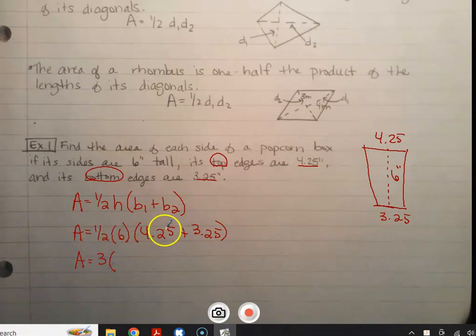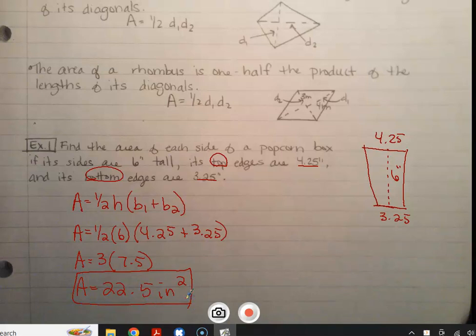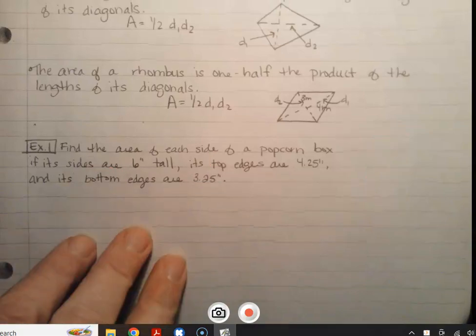And then 4.25 plus 3.25 is 7.5. So the area is 3 times 7.5, which is 22.5 inches squared. Remember, area is always inches squared. Always. But today's going to be that rock star day where we're just using the formulas and plugging them in and solving. Okay, a day you've wanted since like Algebra 1.